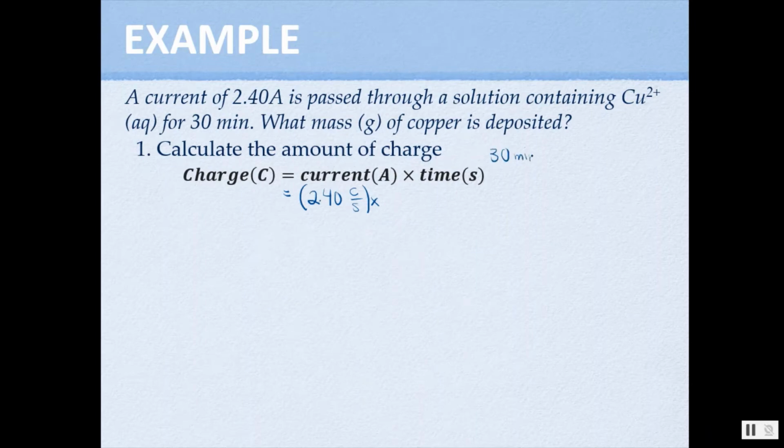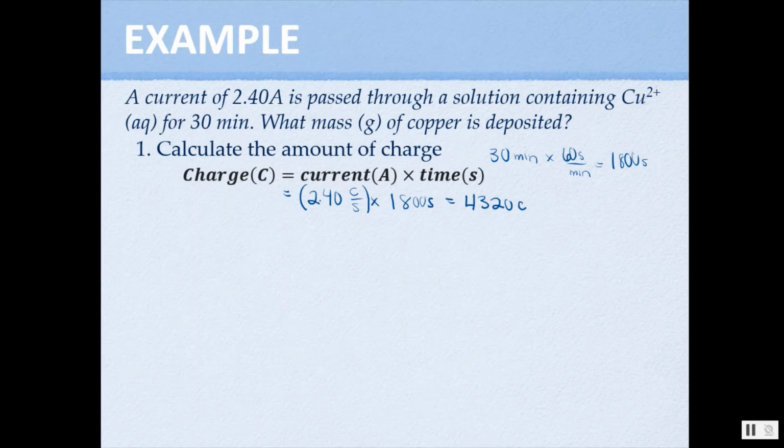So I'm going to take my 30 minutes and multiply it by 60 seconds per minute. That's going to give me 1,800 seconds, which brings me to 4,320 coulombs.